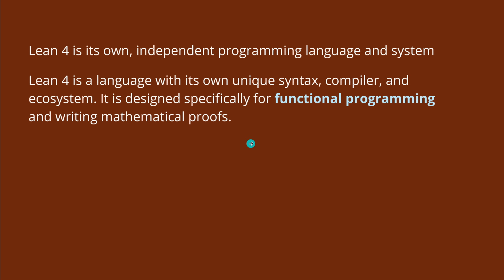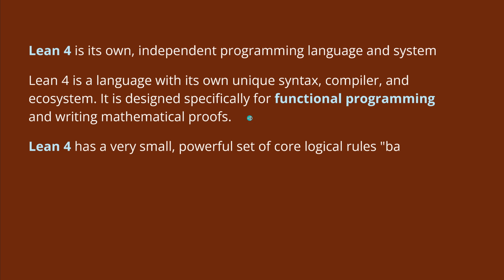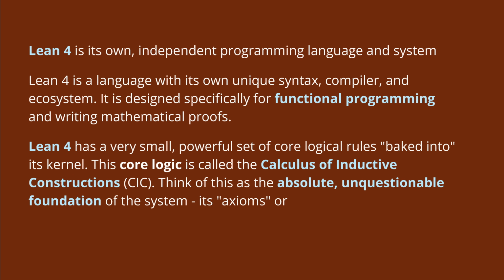And there's only one reason for Lean 4. It's a functional programming language for mathematical proofs. Not for guessing, not for autoregressive next token prediction. No, for absolutely real mathematical proofs. So it has a very small but really powerful set of logical rules baked into the kernel of Lean 4.